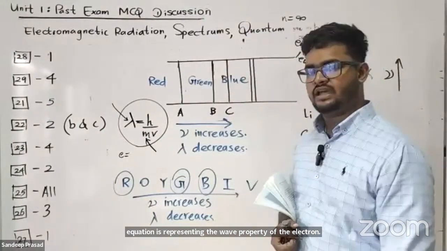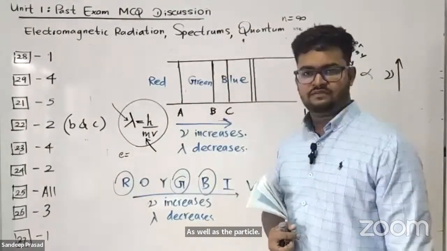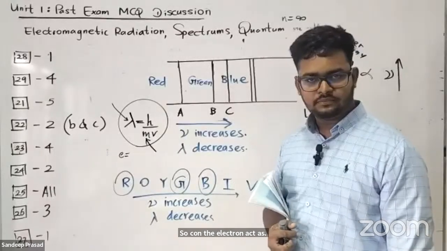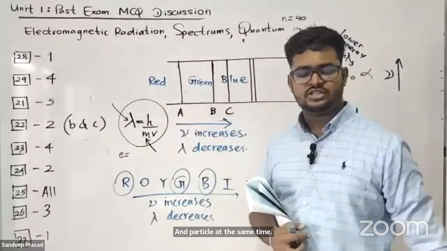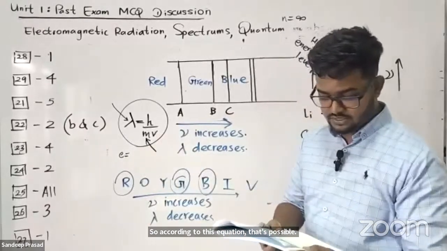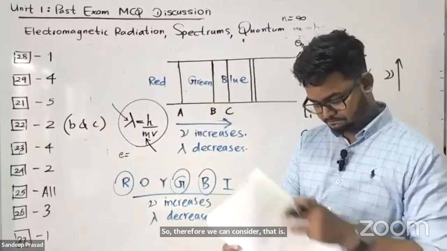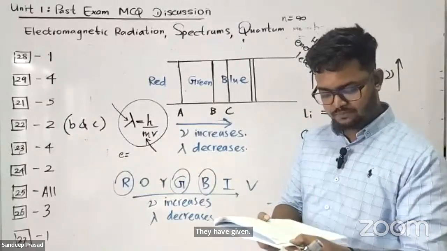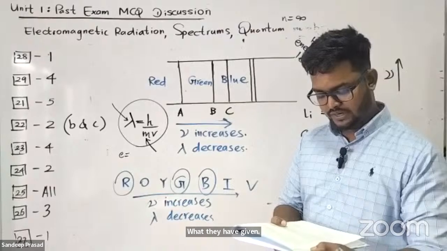So can't the electron act as a wave and particle at the same time? According to this equation, that's possible. So therefore, the statement they have given, that electrons do not behave as waves and particles at one and the same time, is not true.